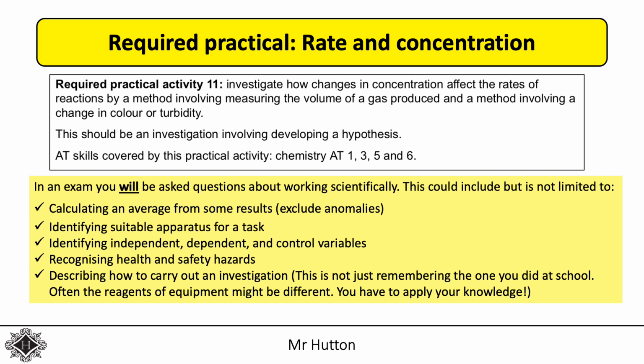And control variables are what you keep the same. So in this example, you'd have the temperature the same. You would keep the concentration of your other reactant the same. The apparatus you use, you'd keep the same. So these are all things that you want to make sure are having no influence on your results.